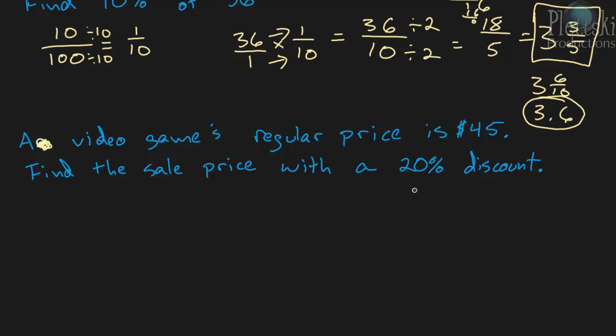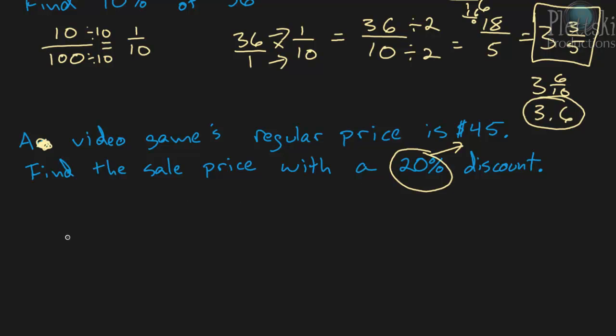So it's on sale for 20% off. So what we need to do is find out what 20% of 45 is and then subtract that from 45, and you'll get the final price, the sale price.